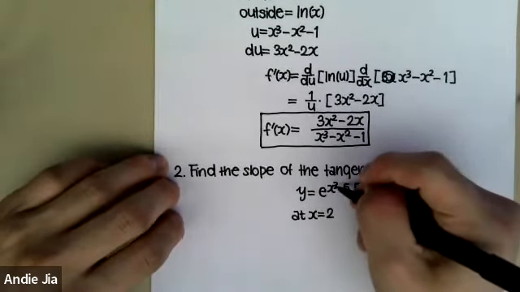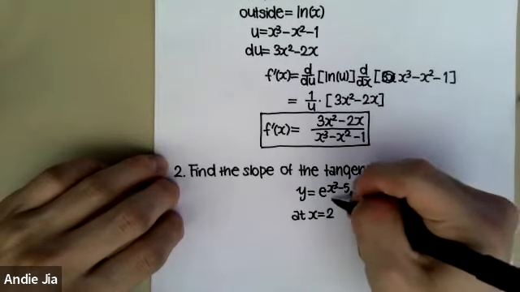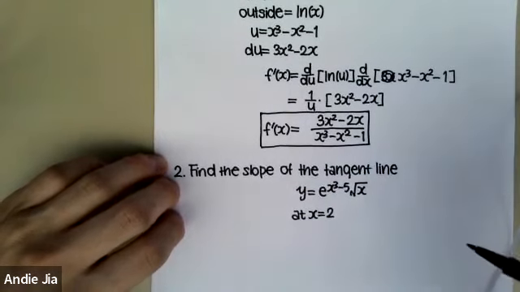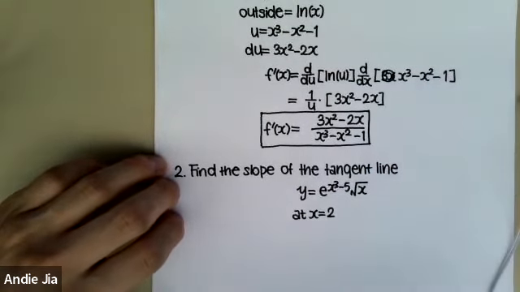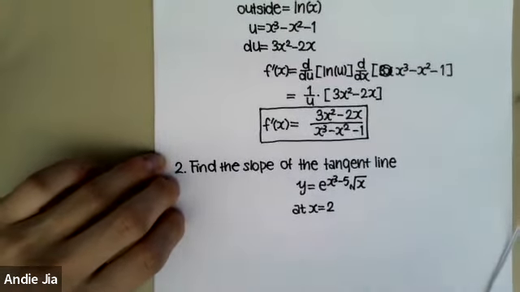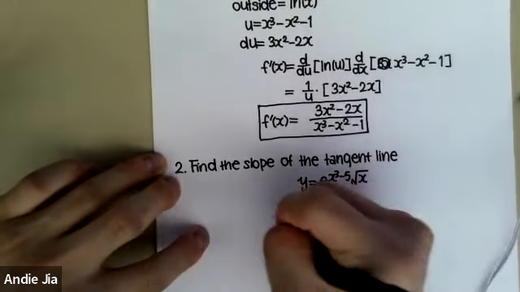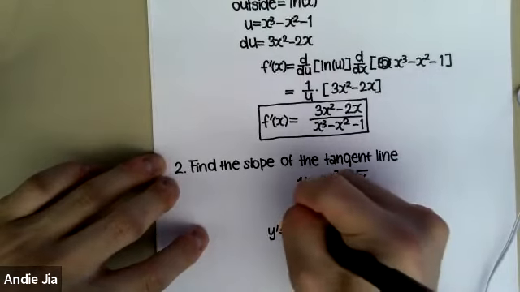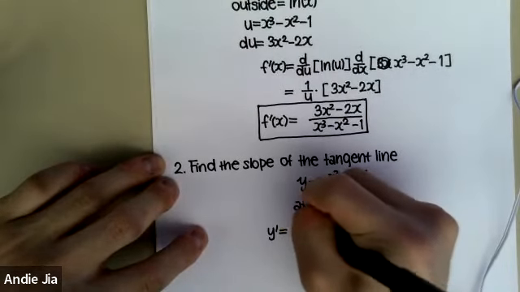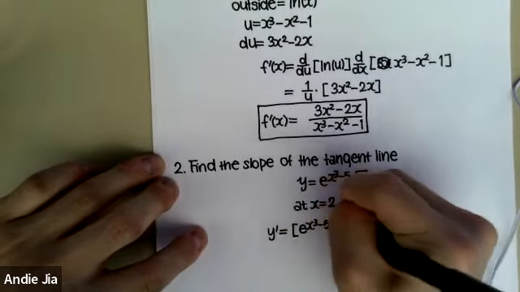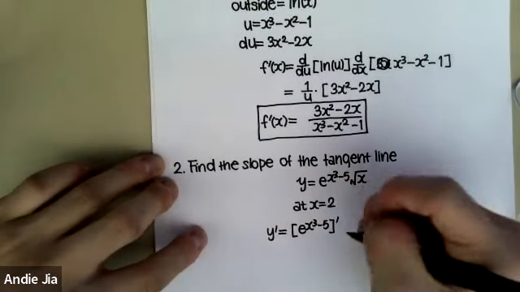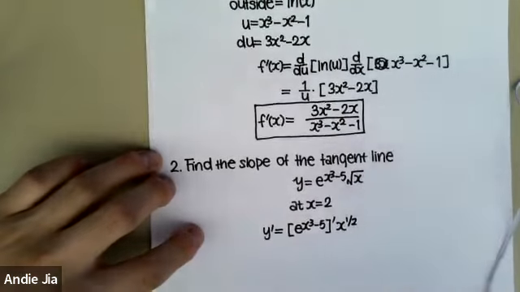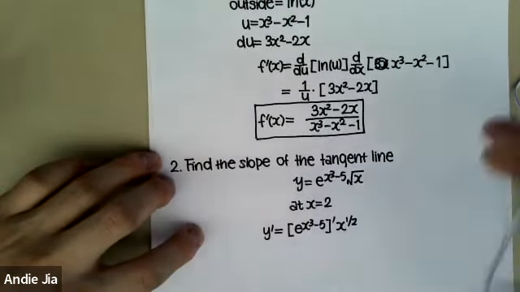You have e to the x cubed minus 5 as f of x, and square root of x as g of x. When we apply the product rule, y prime is the derivative of e to the x cubed minus 5 times x to the 1/2, since square root of x is the same as x to the 1/2.